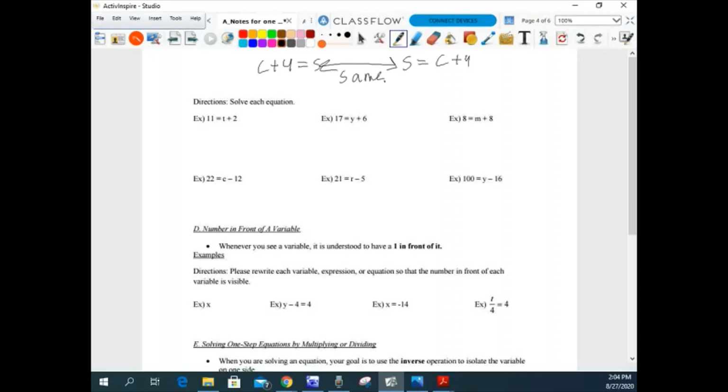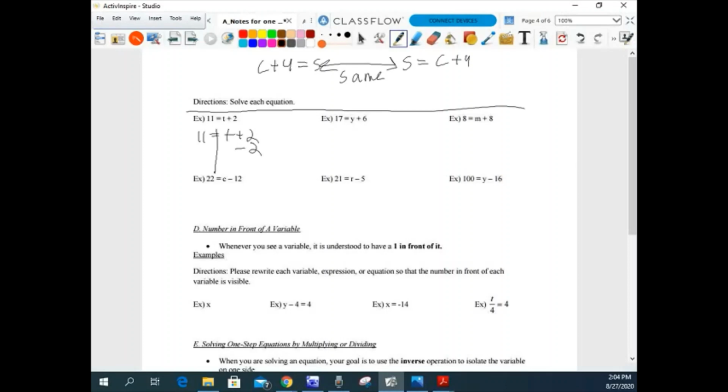All right, so let's do the exact same thing. I will do the top row, and you guys will do the bottom. All right, so I have 11 equals t plus 2. I need to get the t by itself. So let's get rid of this add 2. The opposite of addition is subtraction. And then we have to do the same number.